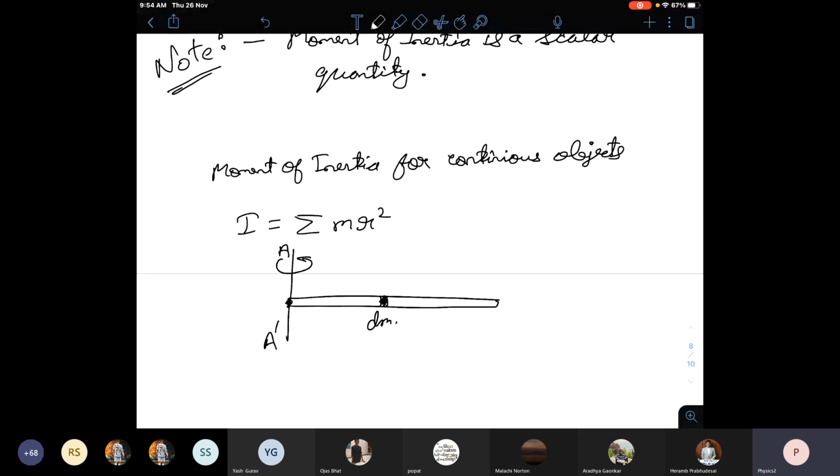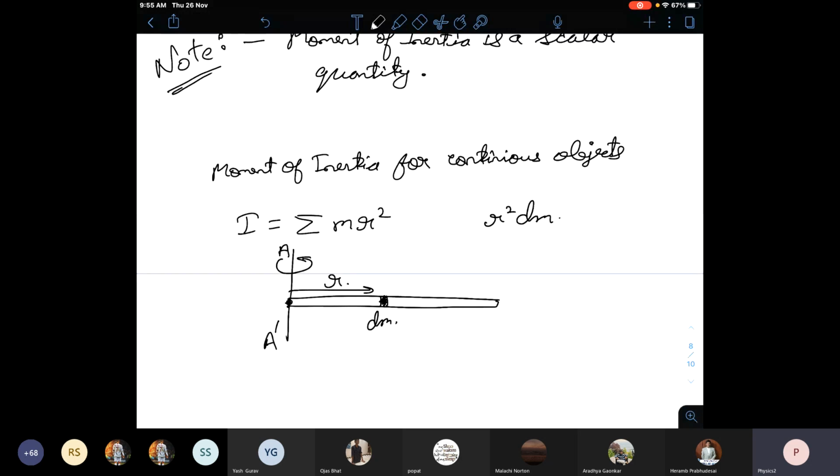We take a very small dm mass over here. What will be the distance of this dm mass? Let that be r. The distance of this dm mass from the axis is r, so the moment of inertia of this very small mass will be how much? It will be r square dm, right?